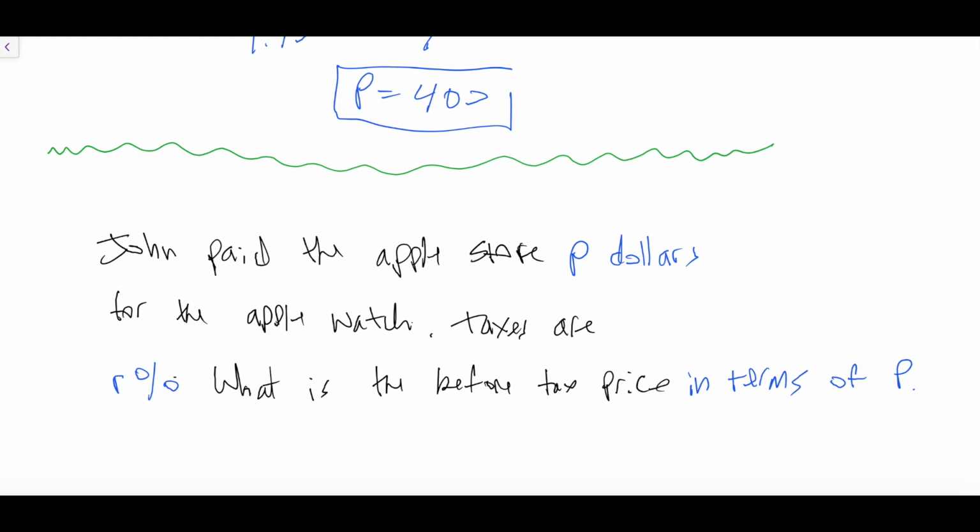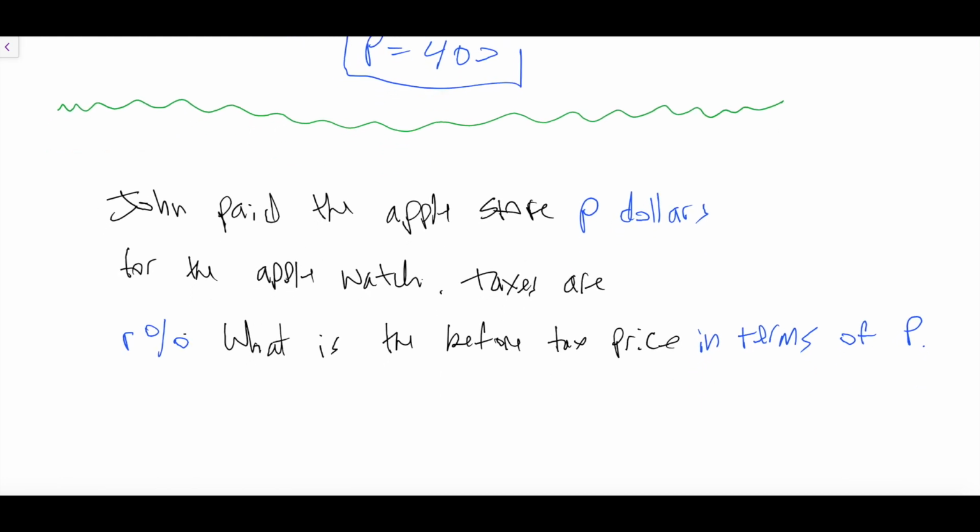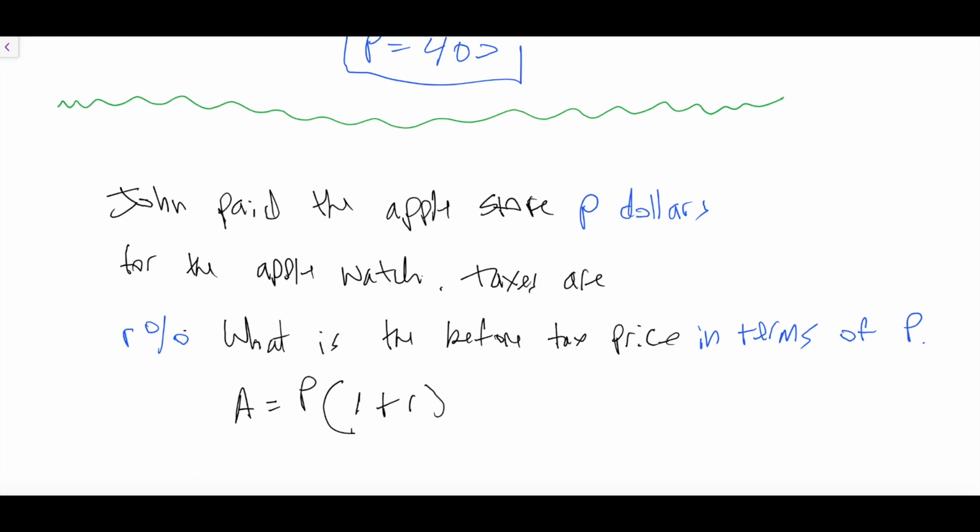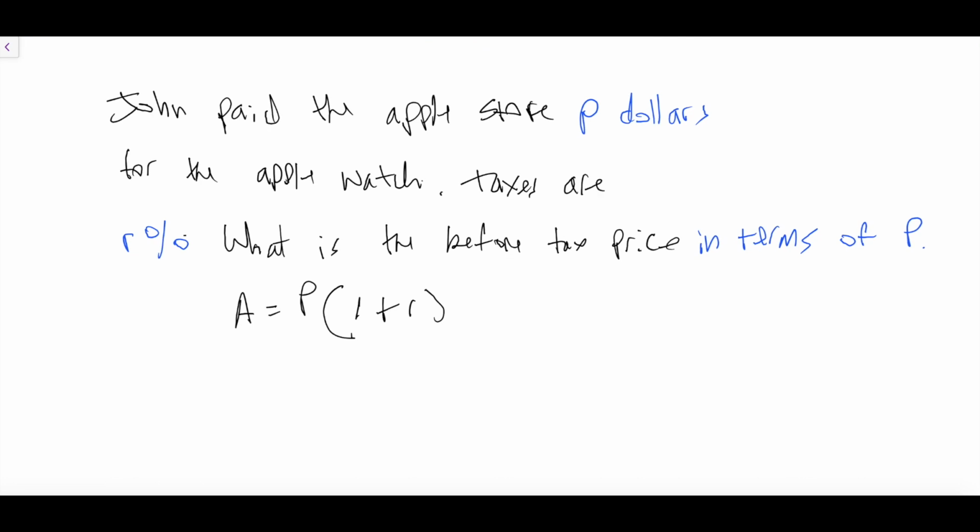Okay, so let's write out the original formula. A equals P times parentheses, 1 plus R. So John paid at the Apple Store P dollars. You know what?